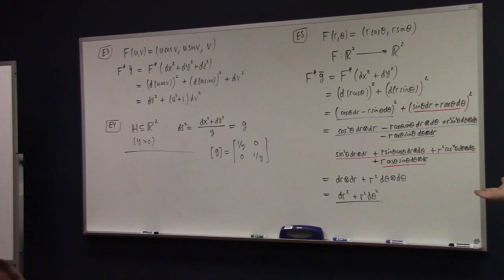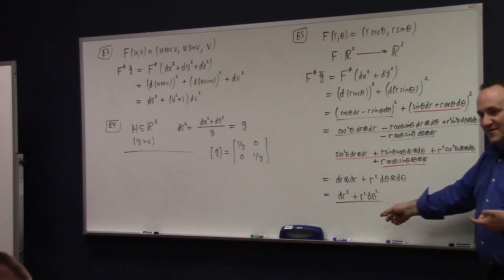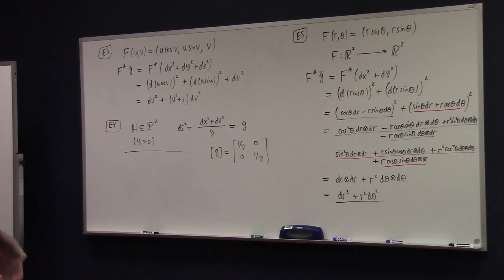Like on the plane, if you're asking a question about the geometry of circles, maybe the polar coordinate version of the Euclidean metric is better than the Cartesian one. If you're asking about the geometry of lines on the plane, this probably isn't the right thing to look at. Just saying.